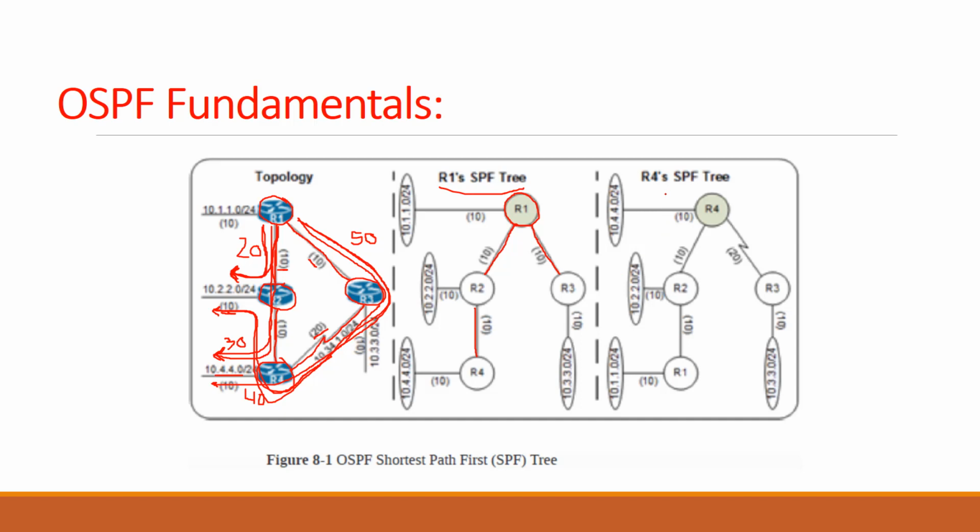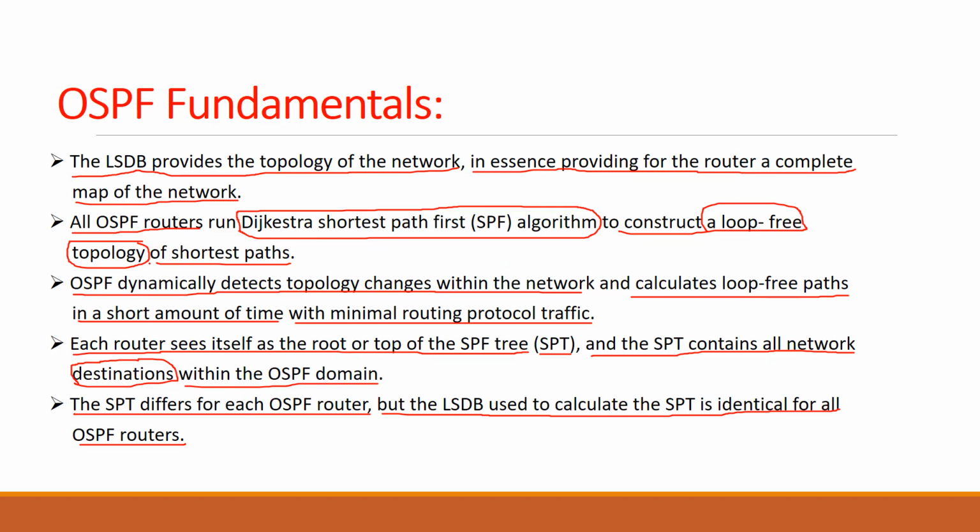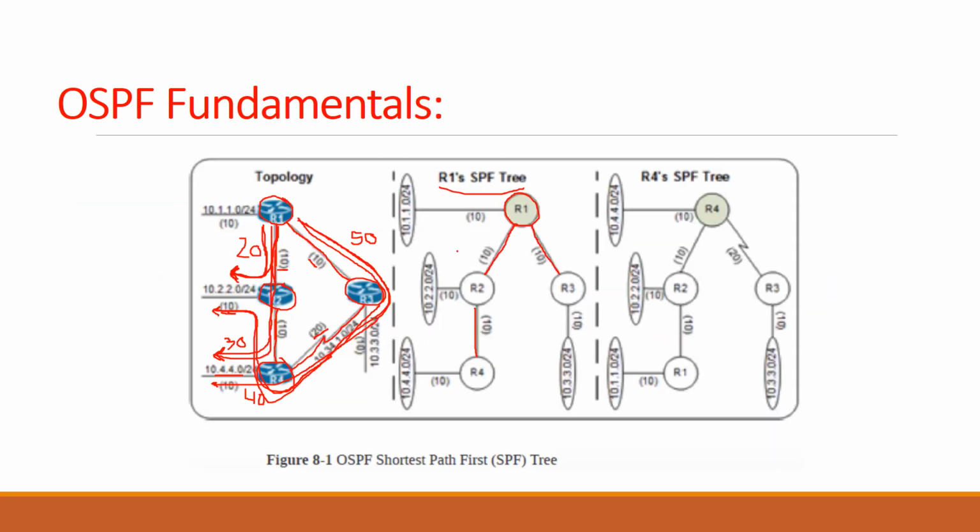Similarly, from R4's perspective, the shortest path first tree will look like this. As we mentioned in this slide, each router sees itself as the root or top of the shortest path first tree, and the shortest path first tree contains all network destinations within the OSPF domain, as here.